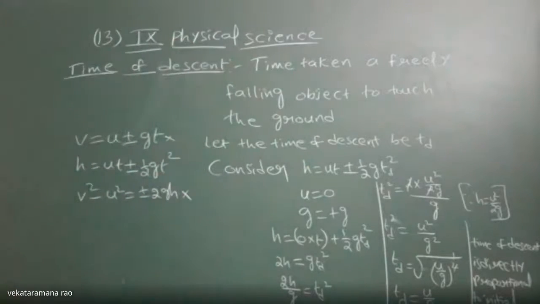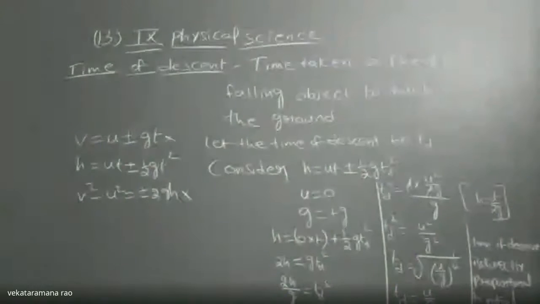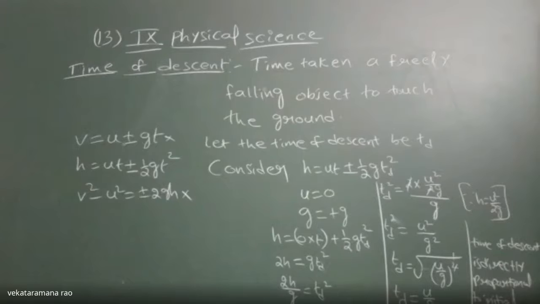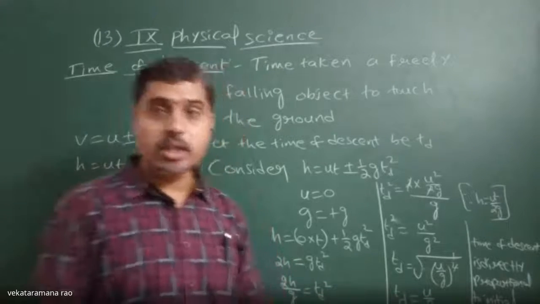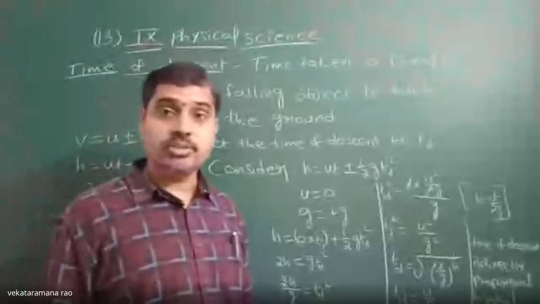Now done. So have you observed? The time of ascent and time of descent formulas are the same and both are directly proportional to initial velocity.